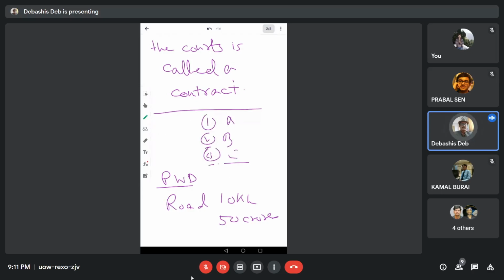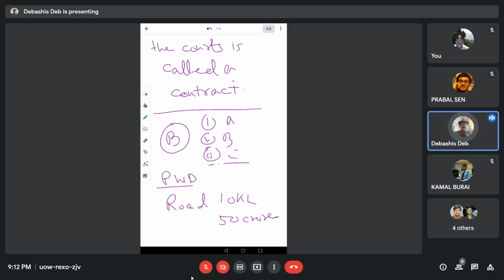Ultimately, party B has been finalized. So it is not the case that I will be spending rupees 50 crores and he will be doing the road for 10 kilometers. There should be some legal binding because I will have to make some payment at the initial stage also as mobilization advance. In case of absence of any legal binding, he may collect the money from me, meaning from PWD, and leave the site without doing anything.